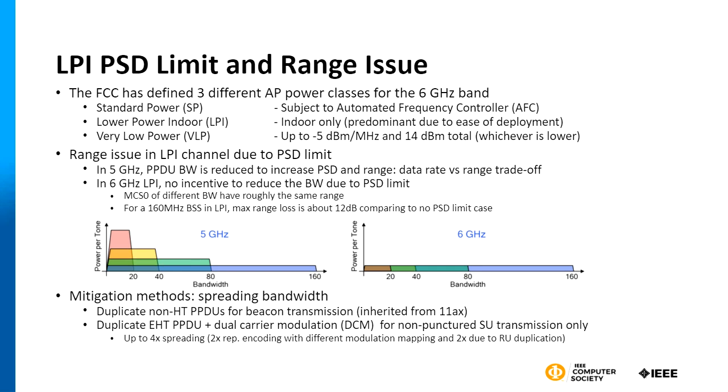And we also defined EHT PPDUs that were also duplicated, and they additionally had dual carrier modulation for essentially providing some gains due to repetitive encoding with different modulation mapping. And of course, you have a 2x gain due to the RU duplication as well. So this was done to essentially improve the range in the 6 GHz band when PSD limits were in place.